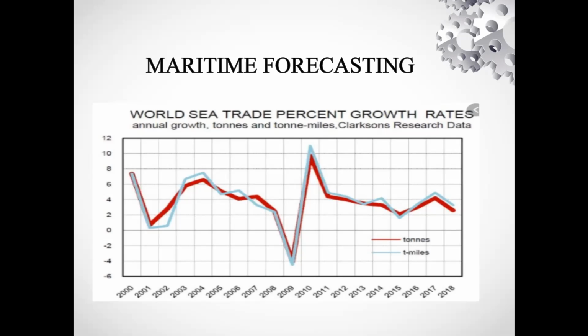Based upon the availability of the fleet and its management, even though the product is demanded, the demand may be created. Sometimes, as I told earlier, we can also create a demand for the product. So the balance between all these things can happen only by going for maritime forecasting.